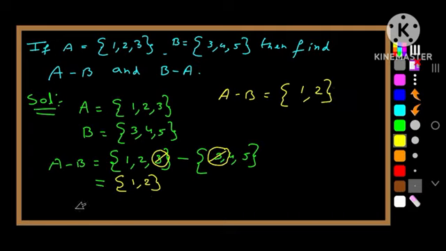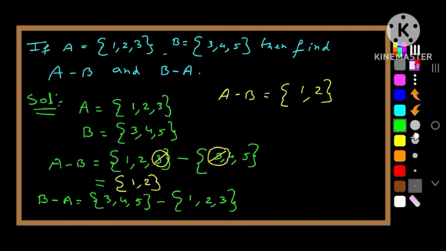Similarly, now you have to find B minus A. So write down B minus A. What are the elements of B? 3 comma 4 comma 5 minus A, 1 comma 2 comma 3.